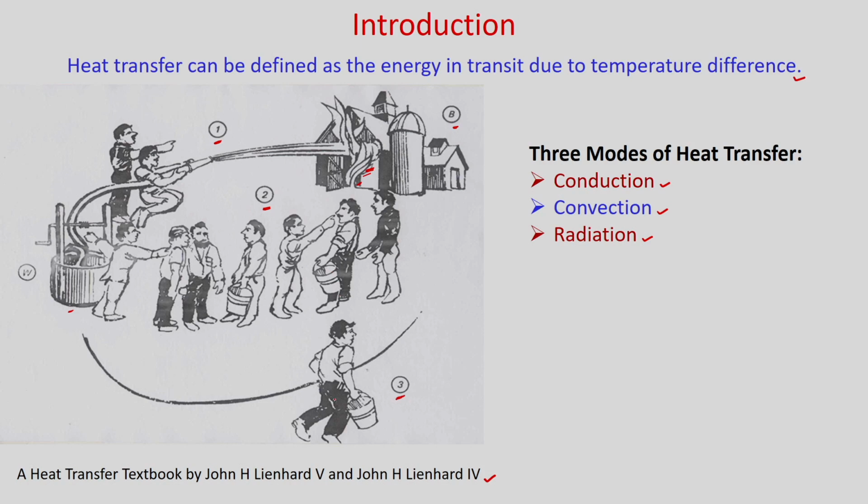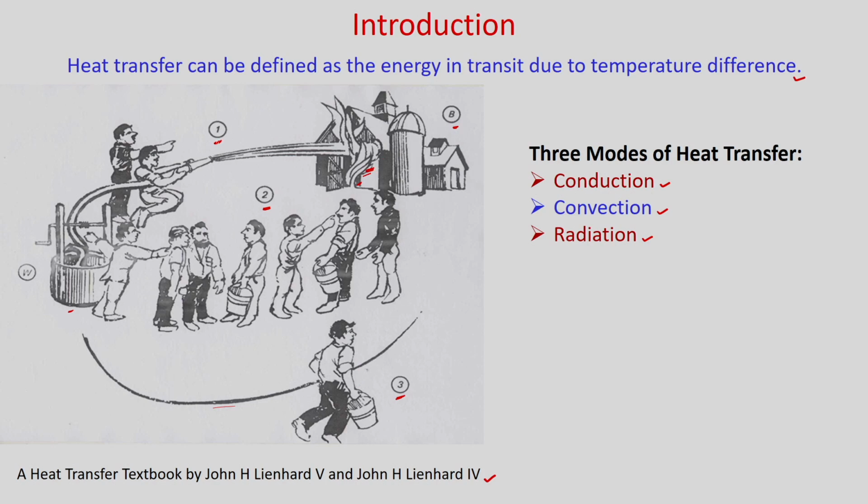In the third way, you can see this man is very energetic and he alone is taking this water from the well in the bucket and running to this building, near to this building, and putting the water on the fire to extinguish the fire. So, you can see there are three different ways they are trying to extinguish this fire.